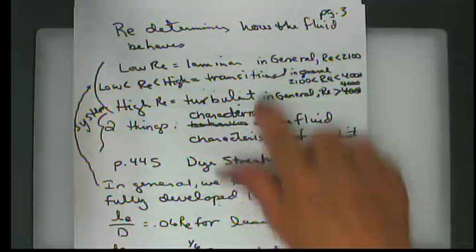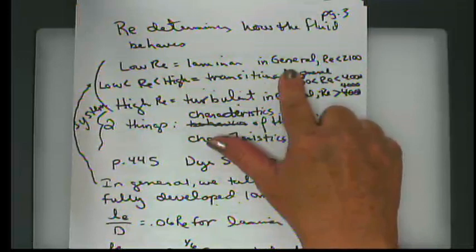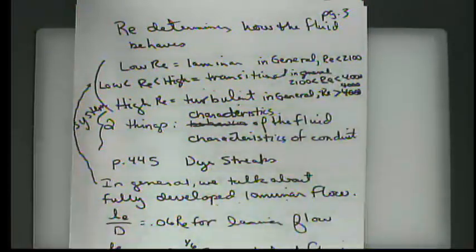But in general, unless you have better information, if the Reynolds number is below 2100, that tends to indicate that we have laminar flow. And if the Reynolds number is between 2100 and 4000, it tends to be transitional flow, and if it's higher than 4000, it tends to be turbulent flow.